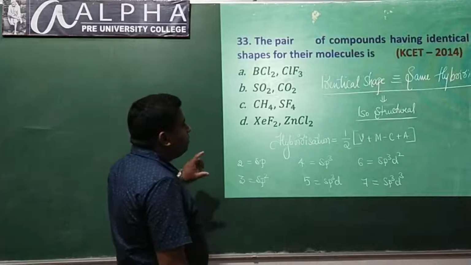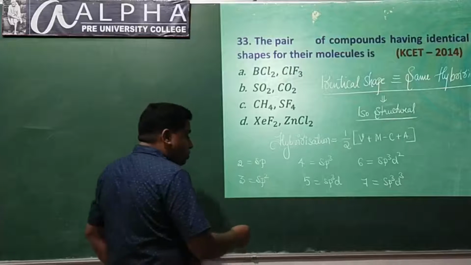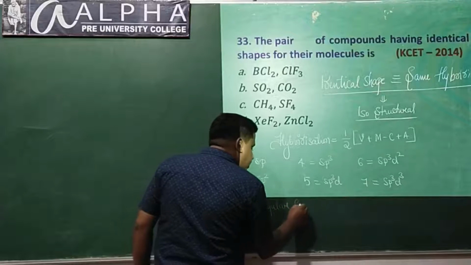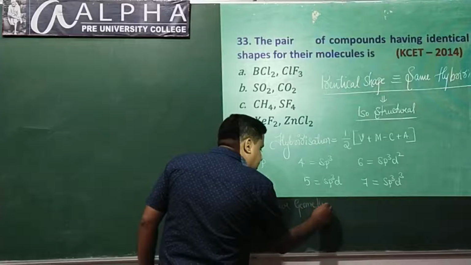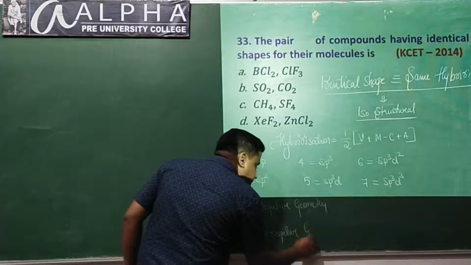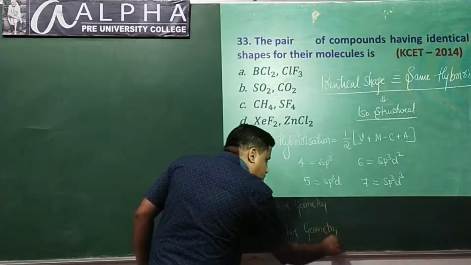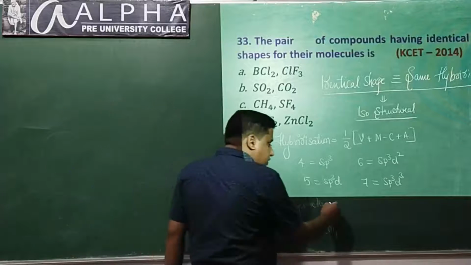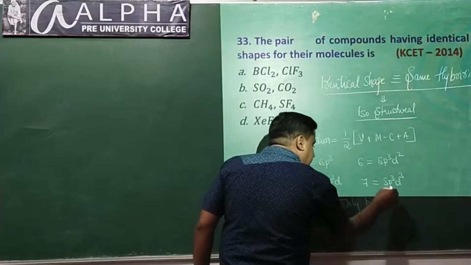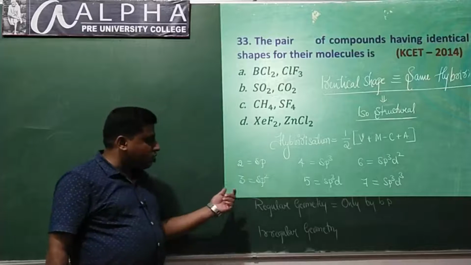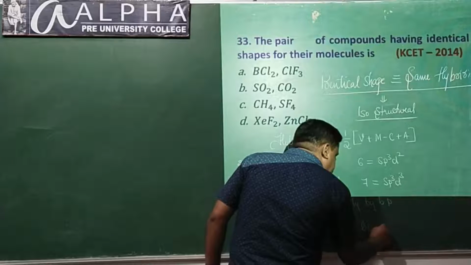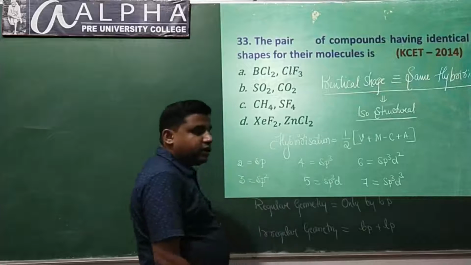Now let us check. First of all, I hope you know about regular geometry and irregular geometry. What do you mean by regular geometry? If the central atom is surrounded only by bond pairs, it is called regular geometry. If the central atom is surrounded both by bond pairs as well as lone pairs, it is called irregular geometry.